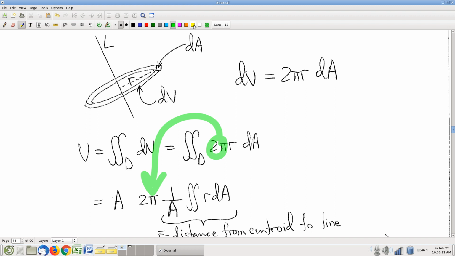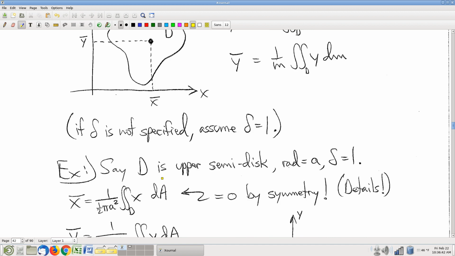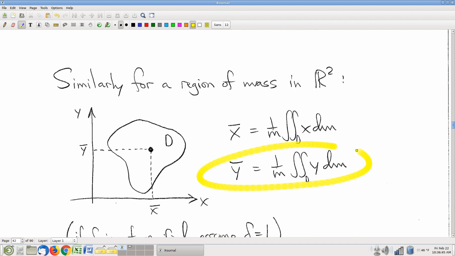If I were to then furthermore multiply and divide by A, then what we get here is something that we recognize, kind of. That looks like the formula for a centroid, doesn't it? 1 over area, double integral of distance times dA. And it's morally equivalent to, if density was 1, that's exactly what this is.